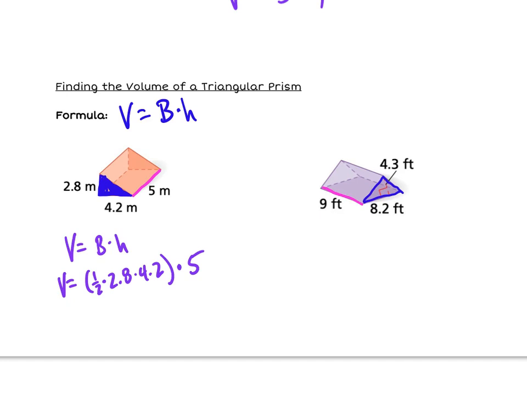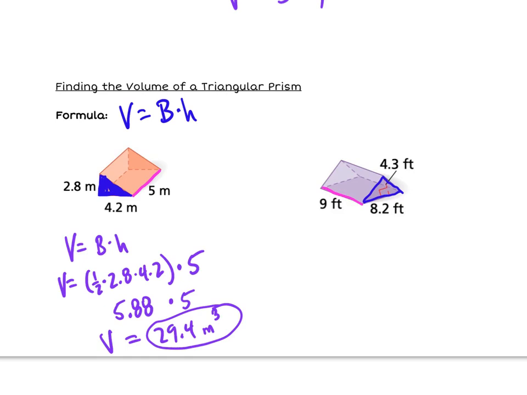I'll do it in steps. The base is 0.5 times 2.8 times 4.2, which gives 5.88. Then 5.88 times 5 gives me 29.4. So my volume equals 29.4 meters cubed for that triangular prism.